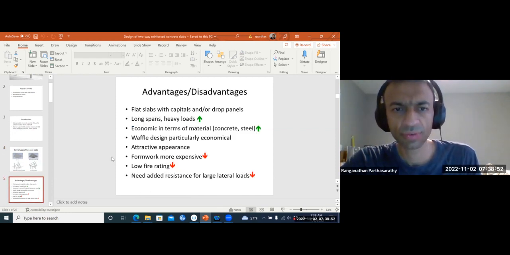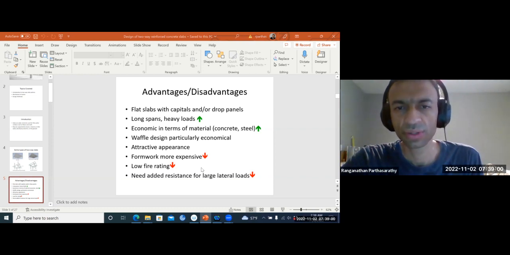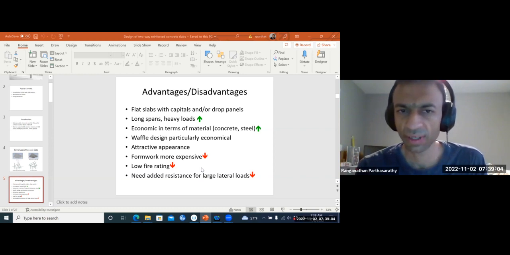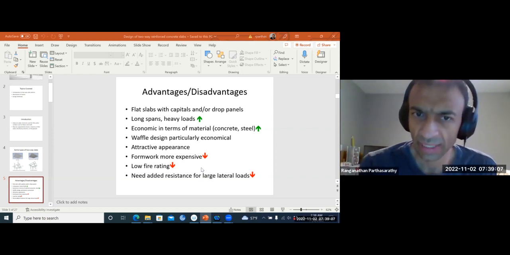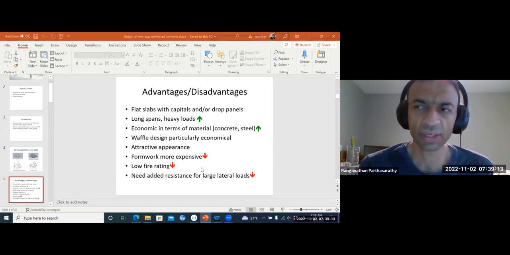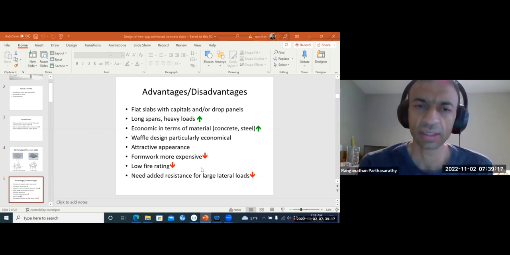So what are some of the advantages and disadvantages? With two-way slabs, you can have long spans carrying heavy loads without beams, so you can have additional roof space since you don't have any extra beams or girders.